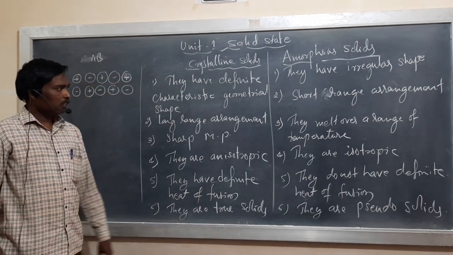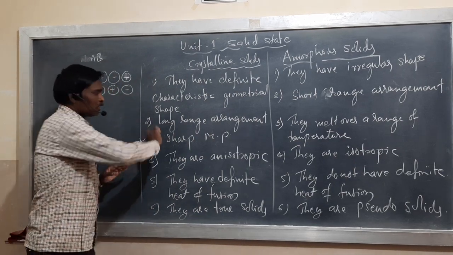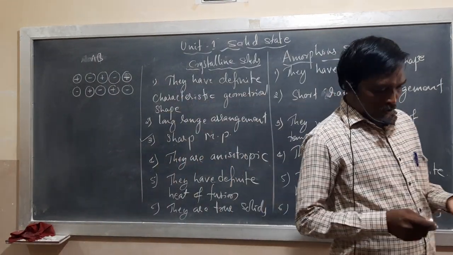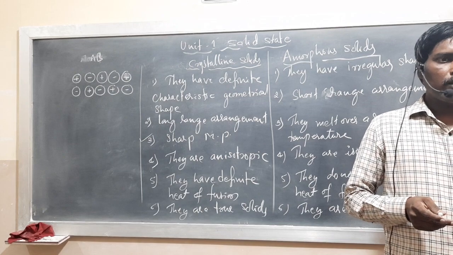The third difference is that crystalline solids have a sharp melting point. For solids we find the melting point of a compound.